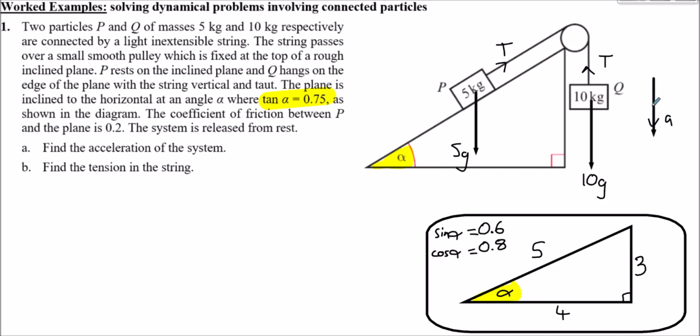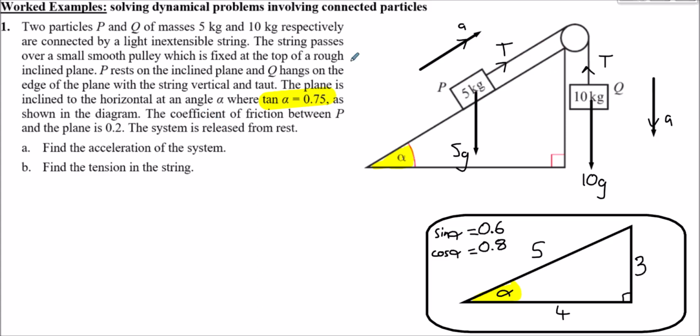So the acceleration is going this way relative to Q, and relative to P is going up a slope like so for P. Same magnitude of acceleration, just different directions for P or Q.